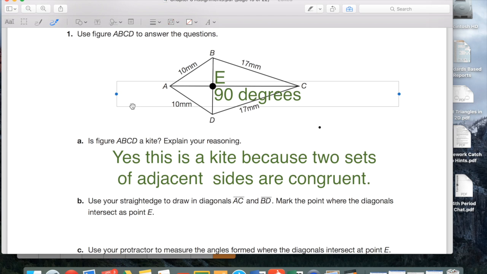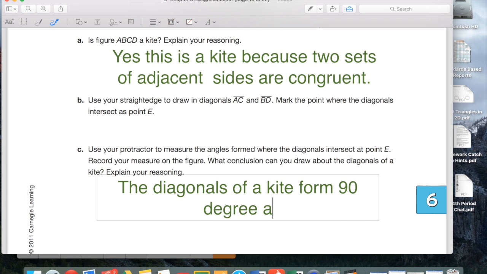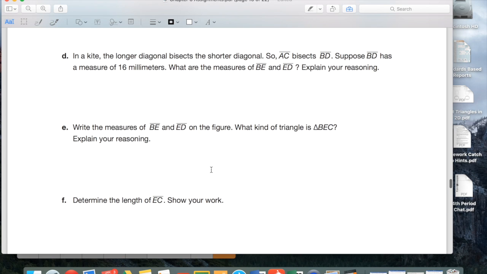If they're 90 degrees all the way around, you would explain that the diagonals of a kite form 90-degree angles, which makes them perpendicular lines. In a kite, the longer diagonal bisects the shorter diagonal, so that AC bisects BD.